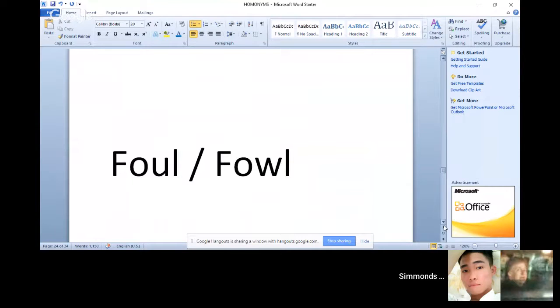What about the words foul? Foul and fowl. The first word, they smell not really good. Like bad smell. Oh, like a foul smell. Okay. Then there's another meaning as well.